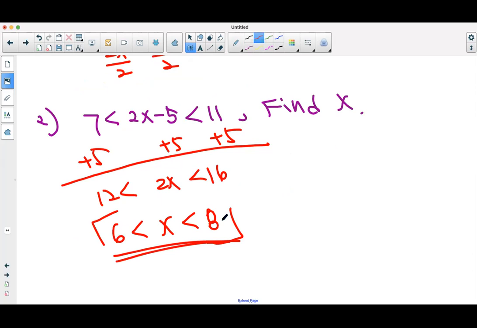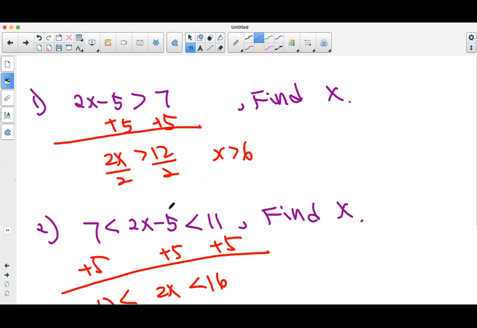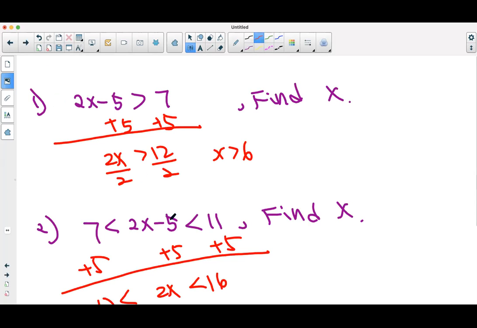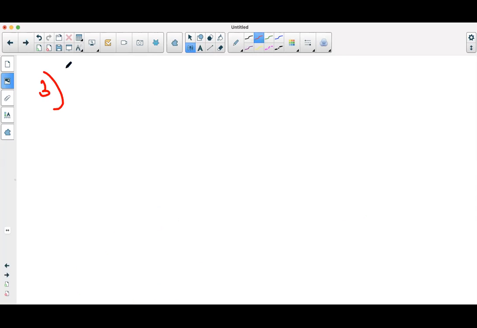But what if? This is good, this is how we can do it. I'm going to give you 2 special cases. Now, number 3. What if x is not in the middle? What if x is in more than one place, such as this one?